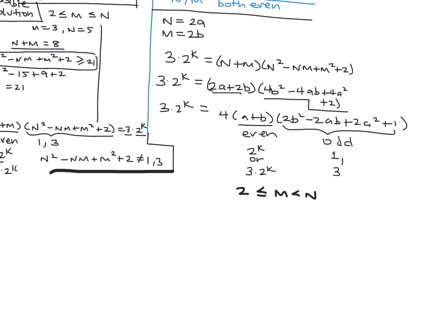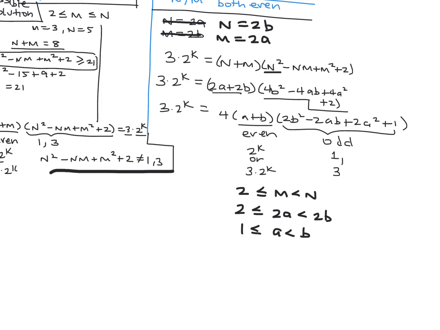Is that right? Sorry, I made a little mistake here. This should have been n is 2b, and this should have been m is 2a. Sorry about that. I just noticed that when I looked up here for this term. It's n squared, so there would be 2b squared, which is 4b squared. Well, it's a good thing I caught it, and therefore this is going to be 2a, and that's going to be 2b, so therefore a is less than b.